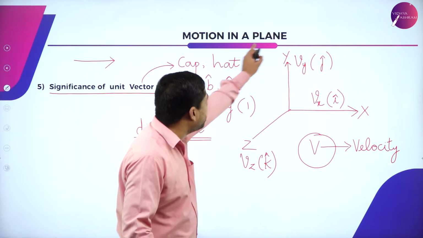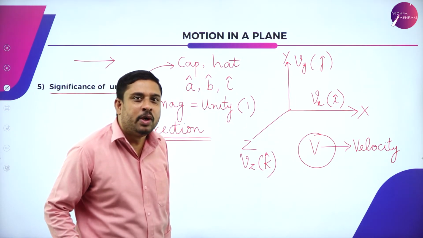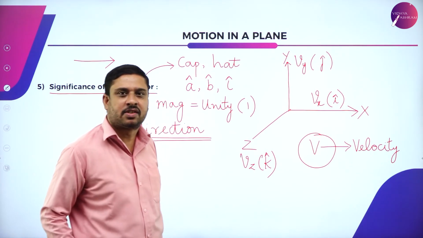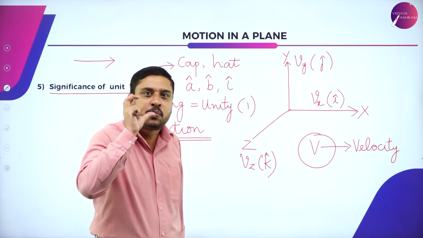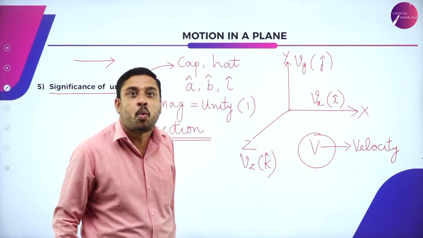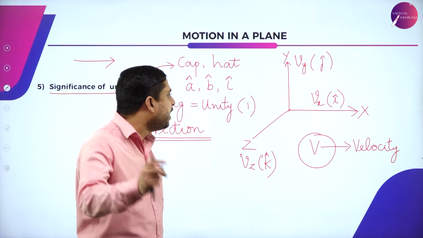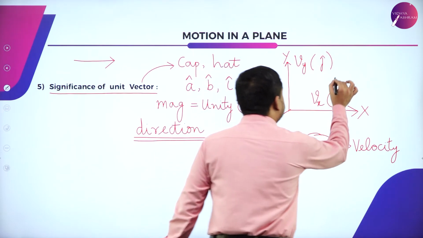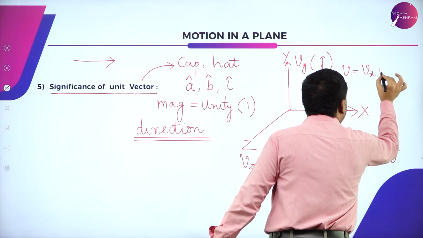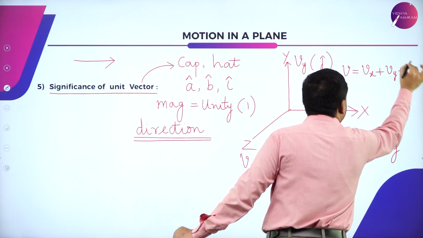So very beautifully you have understood how unit vectors specify directions. They are specifying components of a quantity in a particular direction. And if you observe, here I have written V is Vx plus Vy plus Vz.